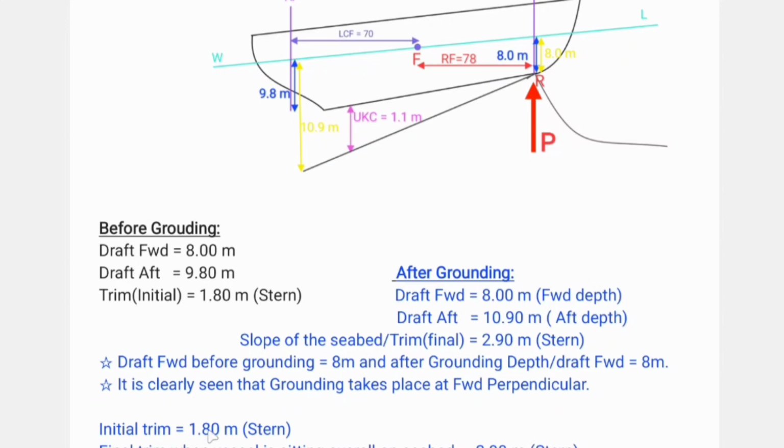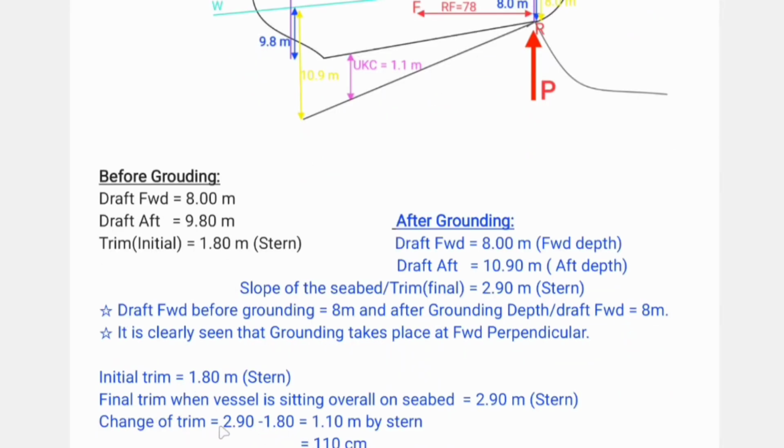Initial trim is 1.80 meter by stern. Final trim, when vessel is sitting overall on seabed, is equal to 2.9 meter by stern. That is when this vessel is sitting overall on the seabed, this will be equal to the slope of the seabed, which is also the final trim, that is 2.9 meter.